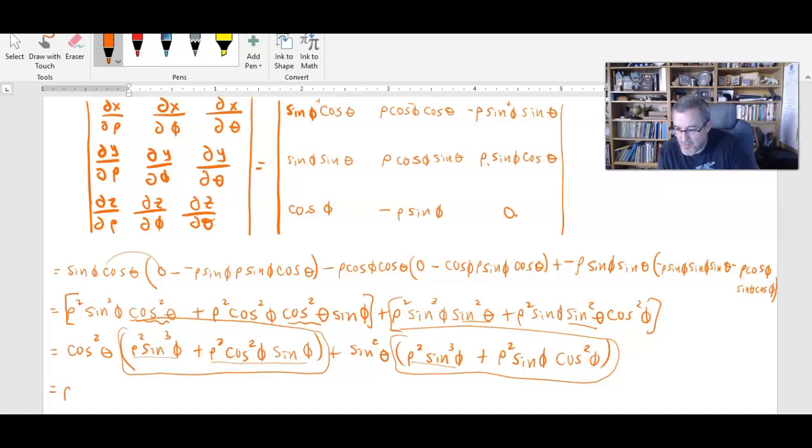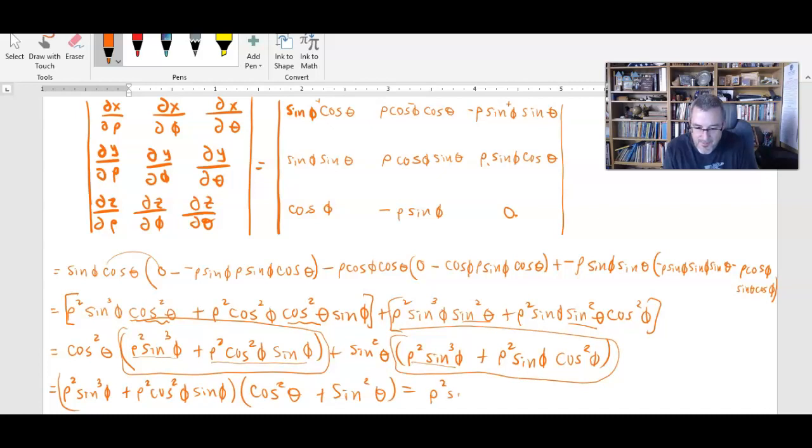If we factor out rho squared sine cubed phi plus rho squared cosine squared phi sine phi, factor all of that out, what's left on this first piece here is cosine squared theta plus, remember, we factored it out, what's left? Sine squared theta, which together is 1. So we now have this thing times 1, which is just that thing.